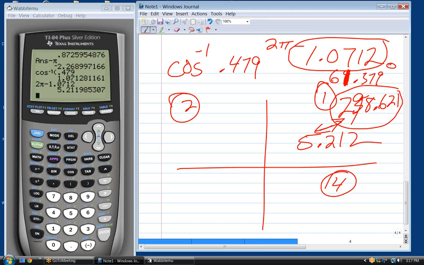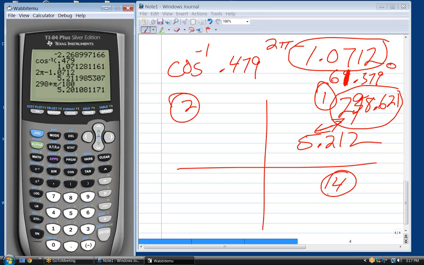Now, let's just see if it does. If we convert 298 to radians, we're going to multiply it by pi divided by 180. 5.2.